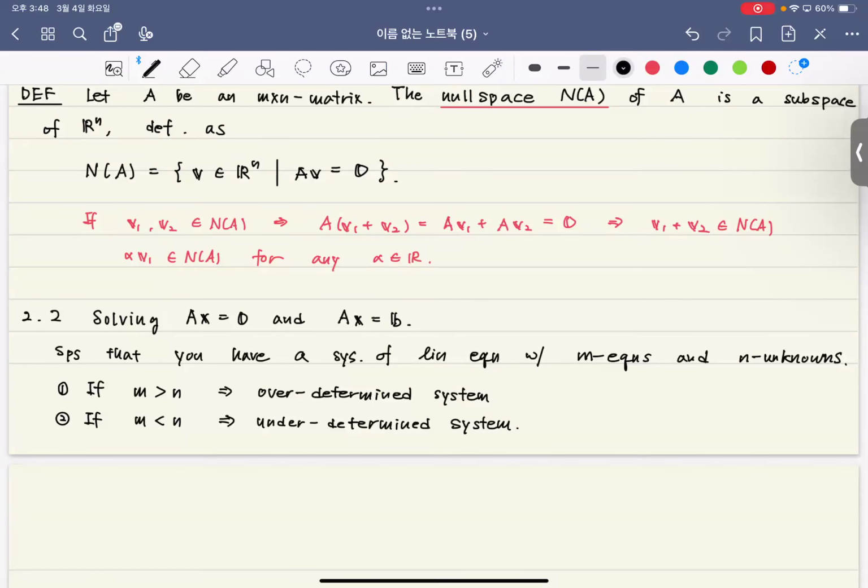The number of solutions is infinitely many. And in this section, we are typically interested in finding all possible solutions, especially when your system is underdetermined, not just a single solution.